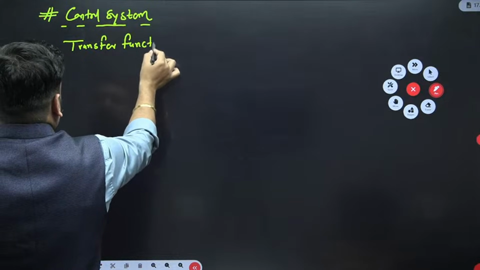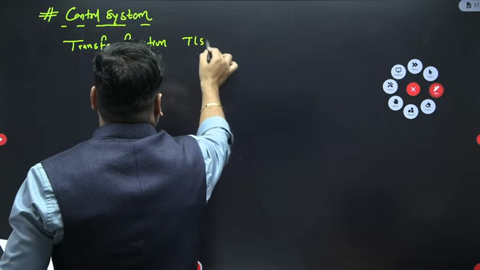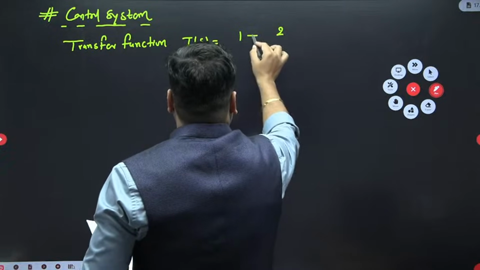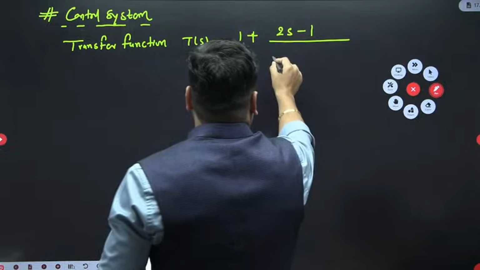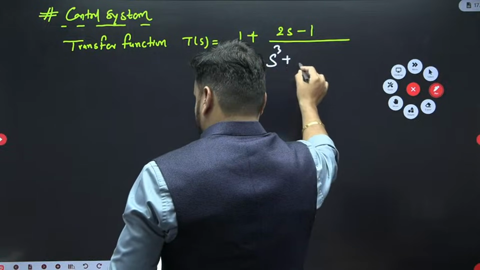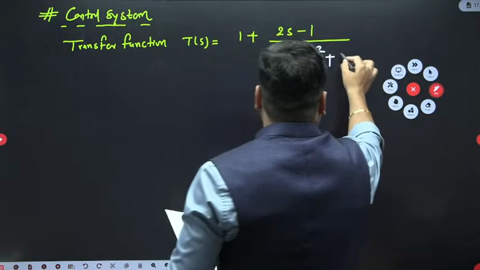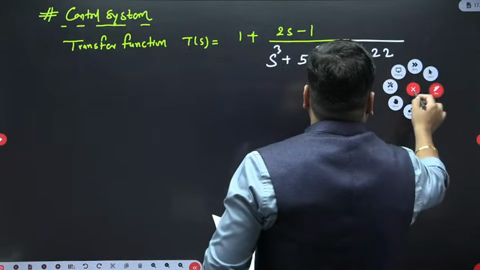A transfer function is given to us: T(s) = 1 - K[(1 + 2s - 1)/(s^3 + 5s^2 + 3s + 22)]. So this was the question.